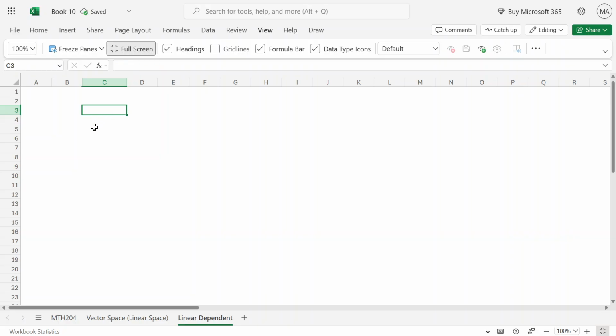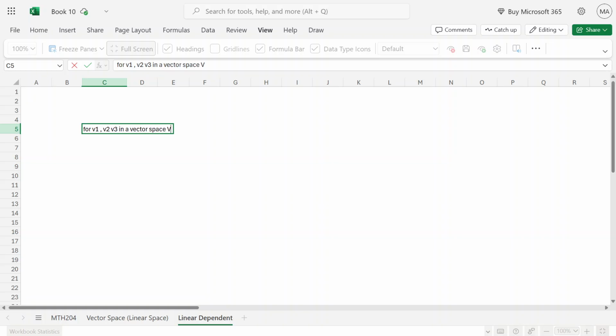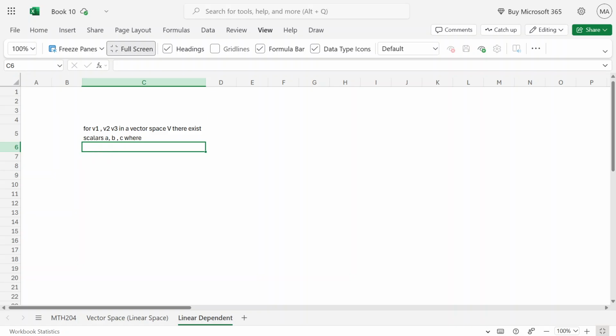So let's say v1, v2, v3 are our vectors in a vector space V. There exist scalars a, b, c, where a times v1 plus b times v2 plus c times v3 equals 0.